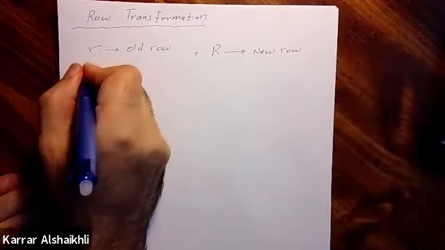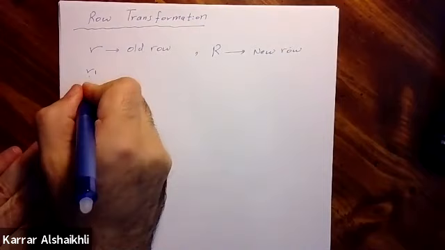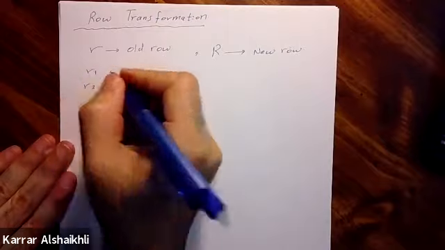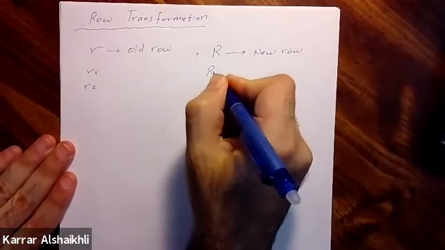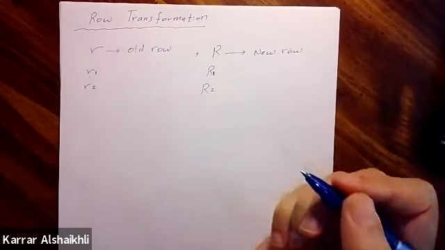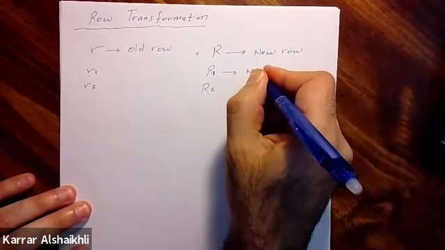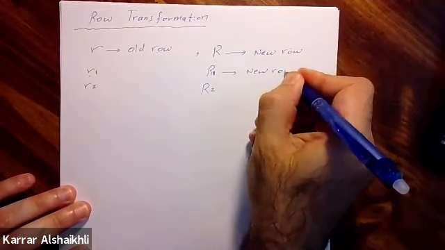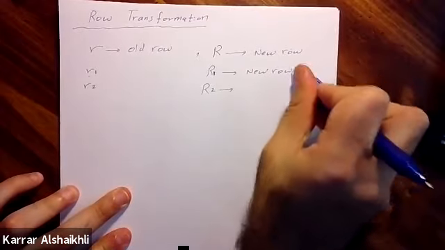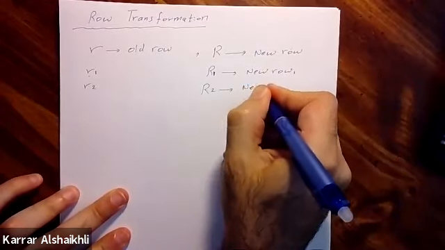So that means R1 is old row 1, R2 is old row 2. Capital R1 is a new row 1, capital R2 a new row 2. So this is the new row 1 here, and the new row 2.